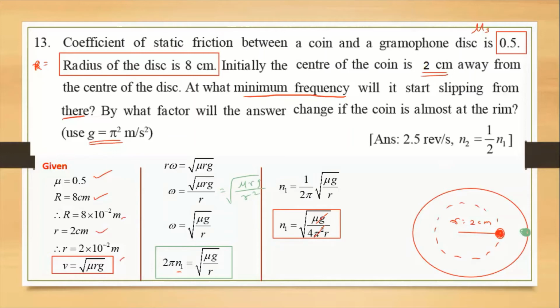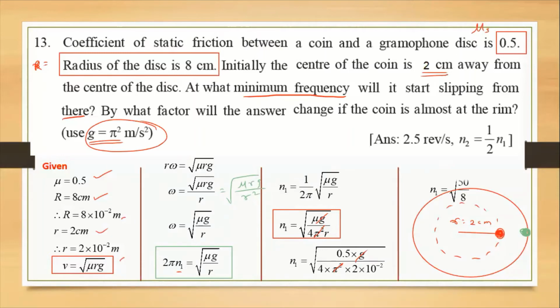So you can see here, mu divided by 4R in a root is the formula. Okay, here we can cancel g and pi square. Now after solving this, let's see what we get. So it is 50 by 8.